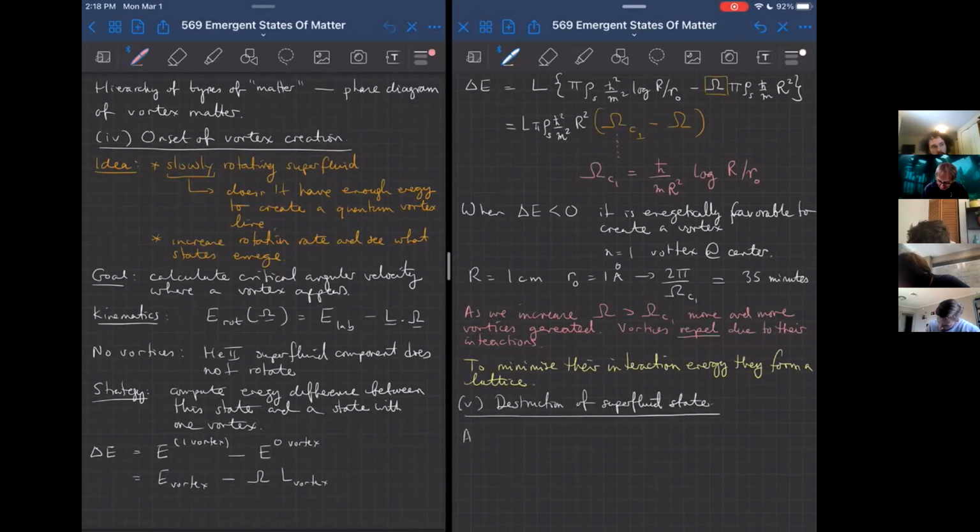As we increase omega further, then eventually we get so many vortices that they start to push into each other.